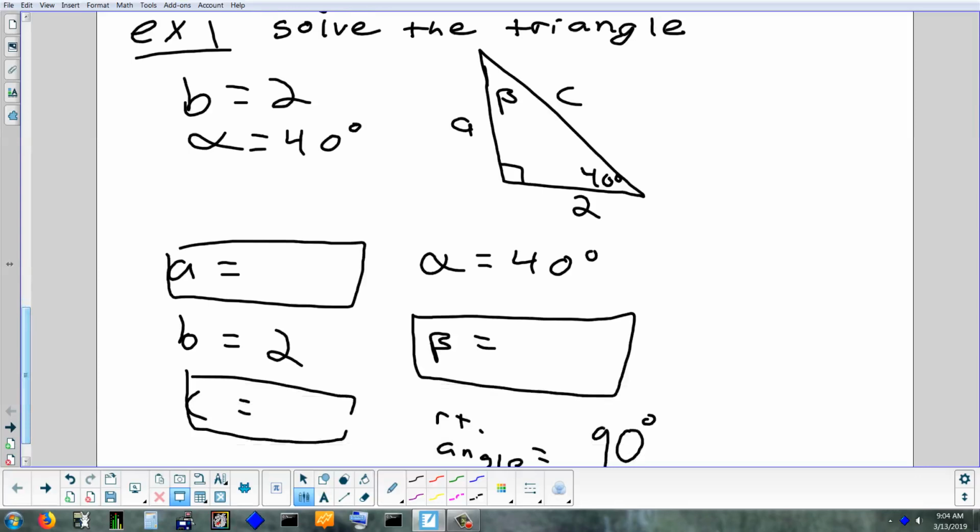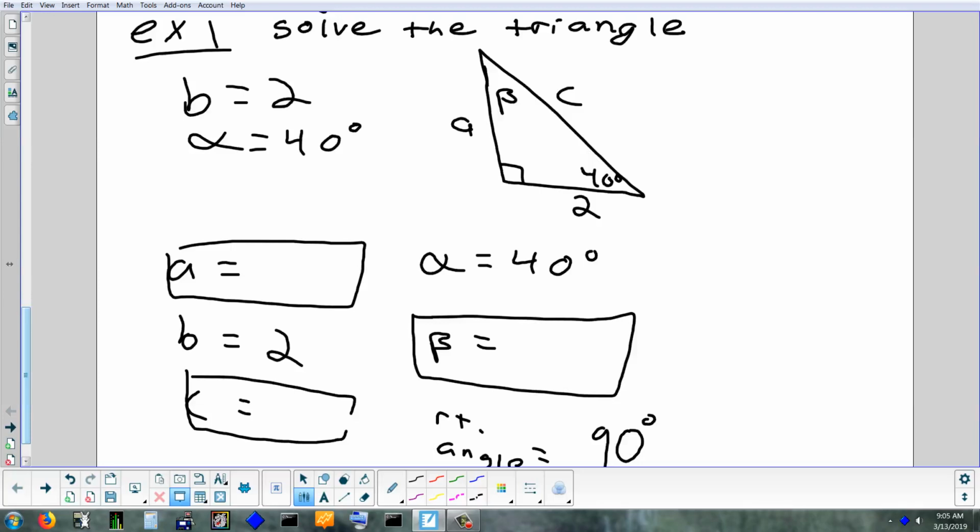All right, now, when you have a right angle in a triangle, you can find anything you want first. It's not like you have to find one thing and then use that to get the next thing. No, you can find any one of those 3 boxes first.